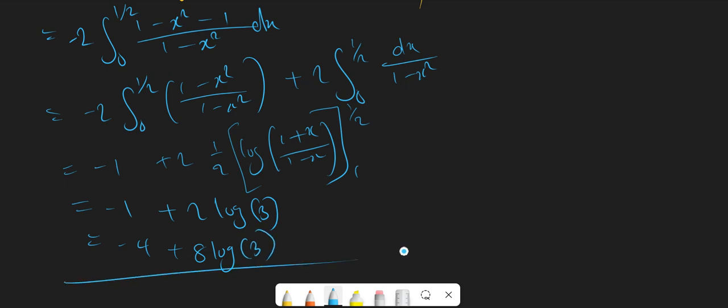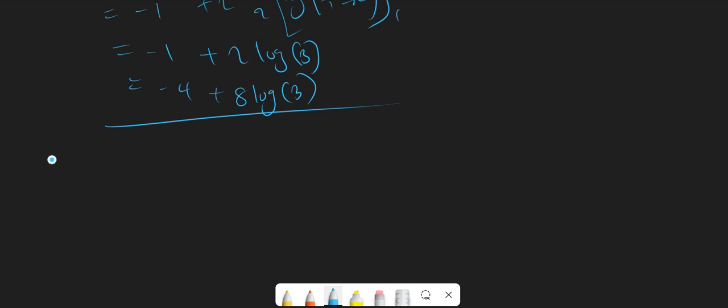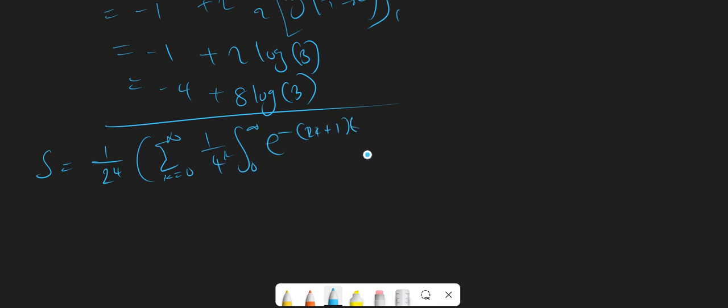Yeah. So let's put everything together now. We have the first sum. We had 1 over 2 to the 4th power times the sum as k runs from 0 to infinity of 1 over 4 to the k, integral from 0 to infinity. The first one was e to the negative (2k plus 1) t dt.